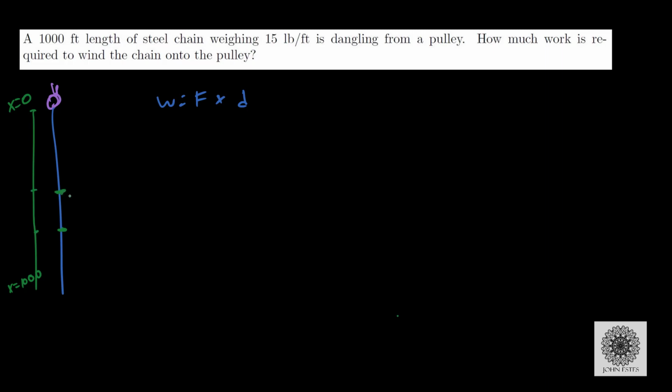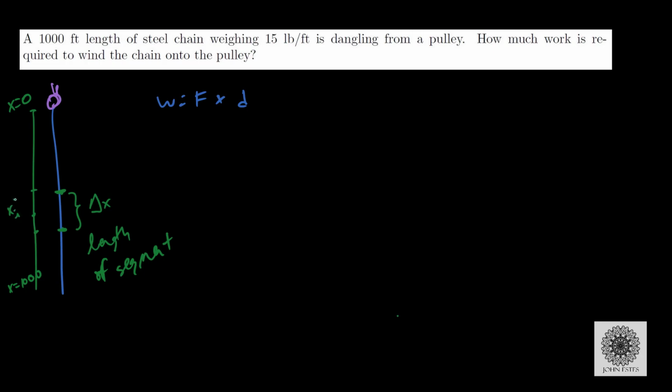So what I want to do is I'm going to consider some sort of delta x, and that's the length of this segment I have. And then I need to pick some sort of representative in here to calculate the work being done at that point.